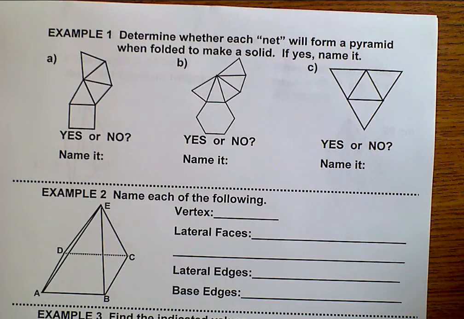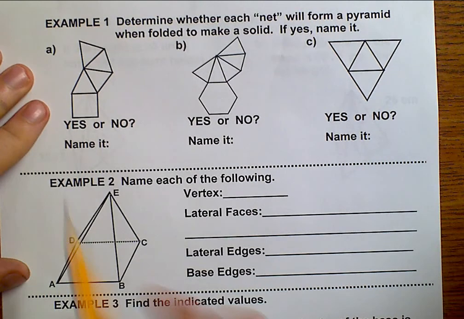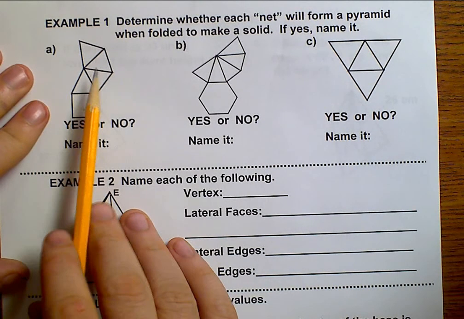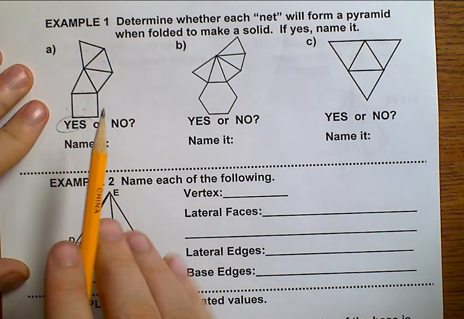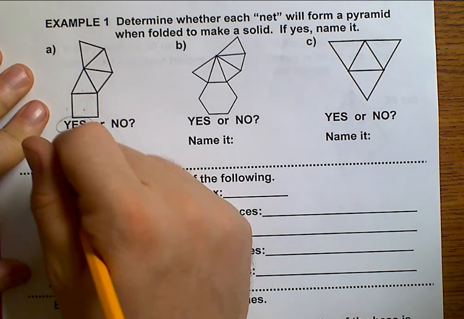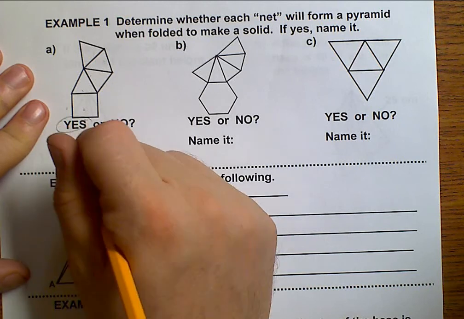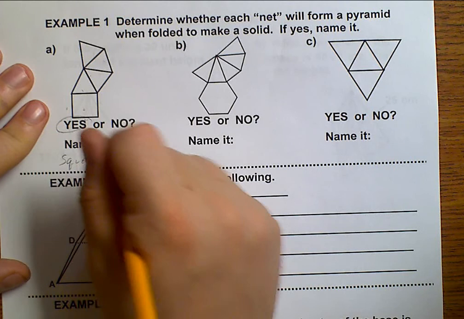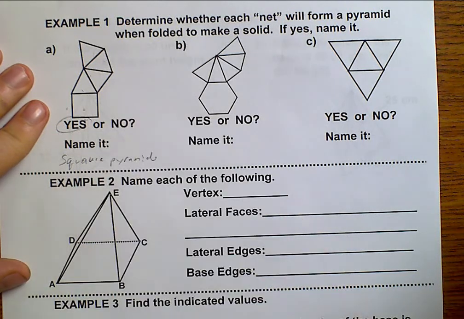So we want to determine if this net will make a pyramid. Well, I have a square base with 1, 2, 3, 4 triangles, one triangle for each side. So yes, this is a square pyramid. So take a look at this one.